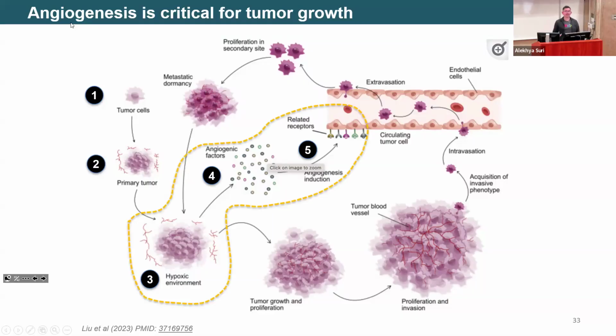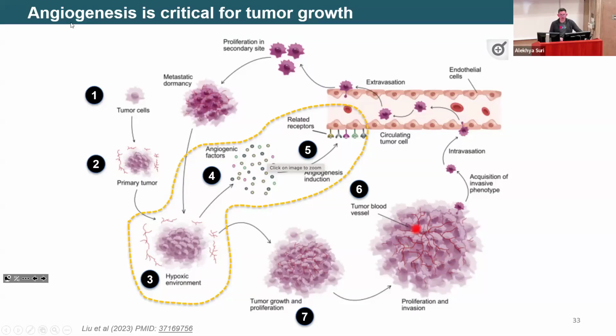So angiogenesis is necessary for tumor growth, right? In other words, the tumor tries to get its own supply of blood so that it can continue growing. Now, the more angiogenesis you get, the more fuel you have to promote the tumor growth. The more the tumor grows, the more it changes its phenotype.